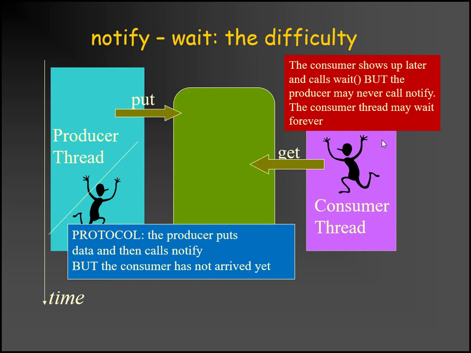So the consumer is going to sit in the waiting area potentially forever until a producer comes back. So if it's just a one-shot deal, this consumer thread will never be able to get out of that waiting area. And then you have what is in effect a deadlock situation.